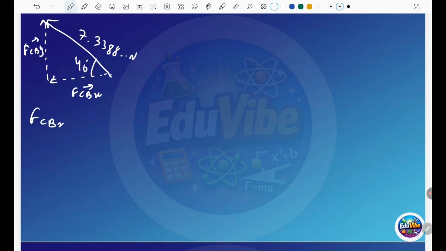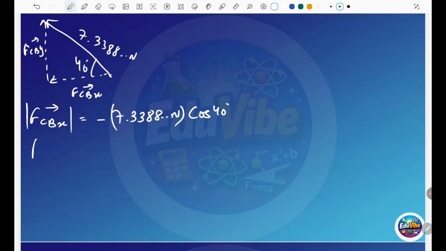So from C to B, for the x component, this should be negative because it was west direction. West is negative, we take east as positive. So it's minus 7.3388 newtons, and we multiply by cos 40 degrees. When you find this, you get about negative 5.6218 newtons.